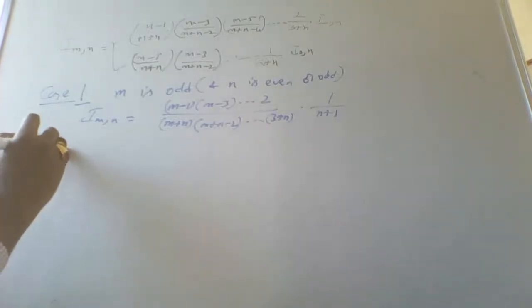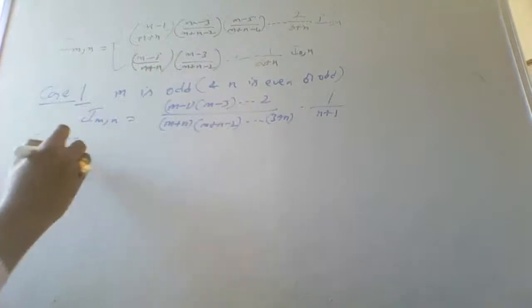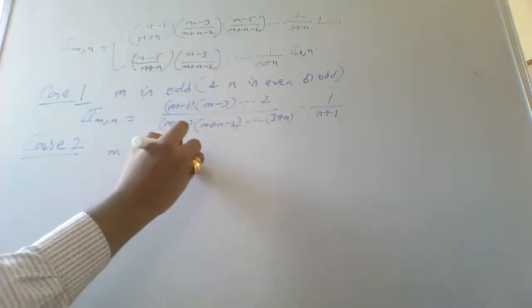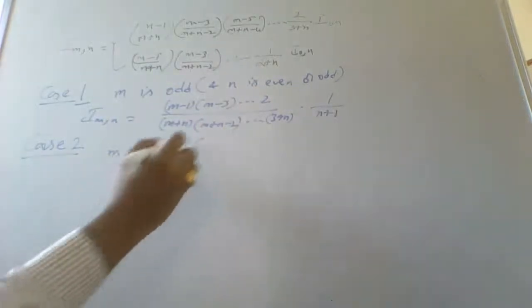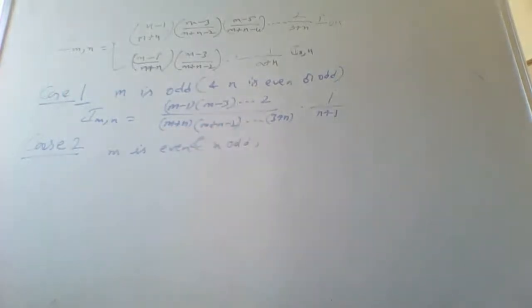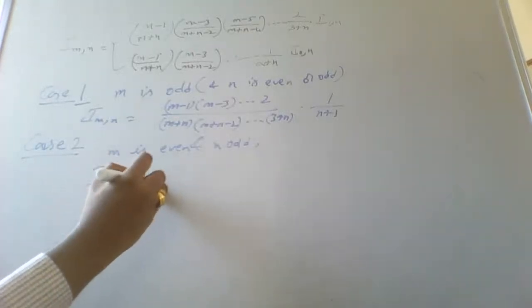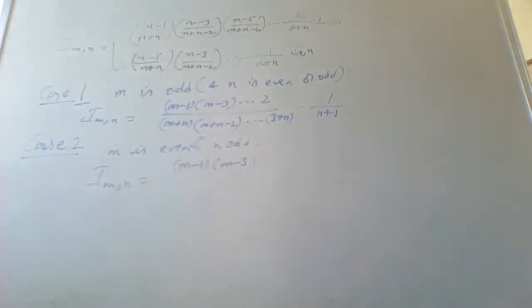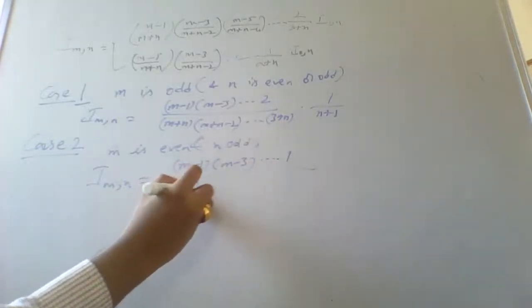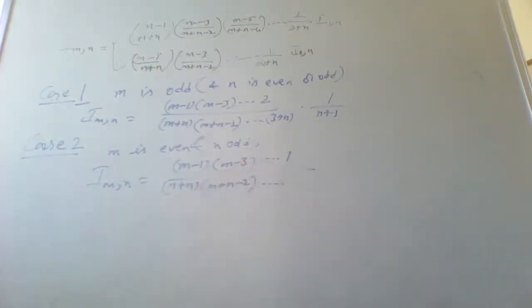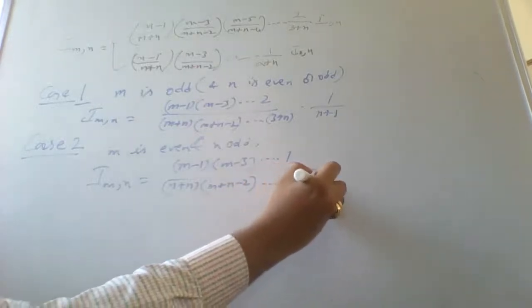Let us write down the next case here, case 2. When you have m as even, and n as odd. So let us write down I(m, n), which is (m minus 1) into (m minus 3), and you have (m plus n), (m plus n minus 2), and so on, and 2 plus n.